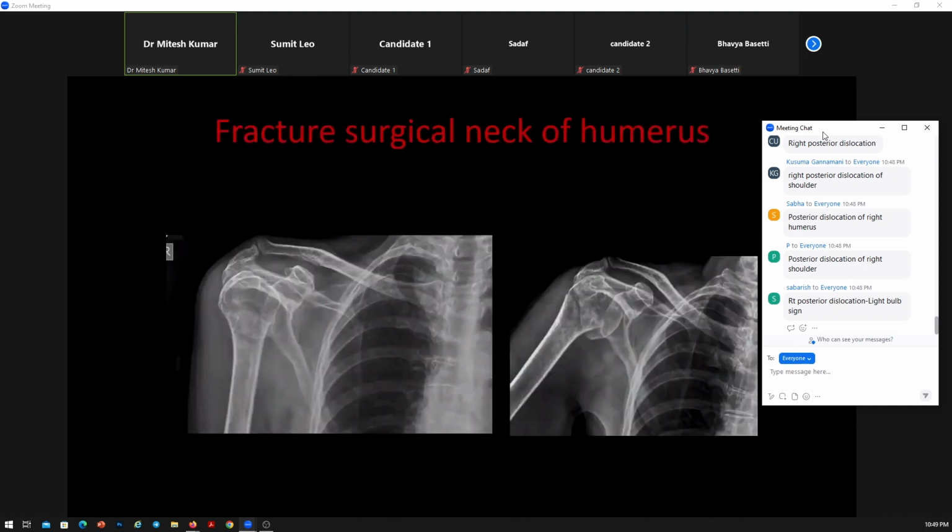There's a catch in this. Now, if you look here, you can see some break in the cortex and area of lucency here. And again, there's a break in the cortex here. In the next view, you can clearly appreciate there's a fracture in the surgical neck of the humerus. So even I thought this could be a posterior dislocation. But again, this is a fracture of the neck.